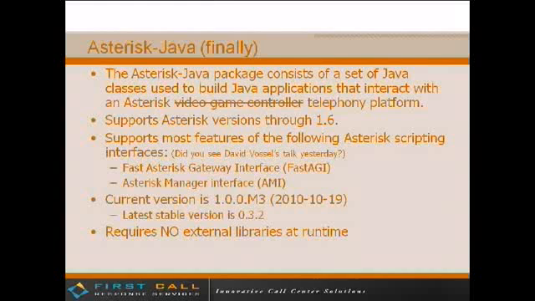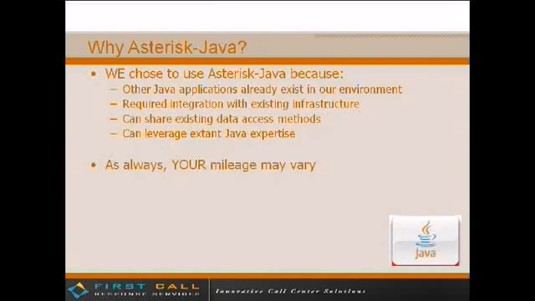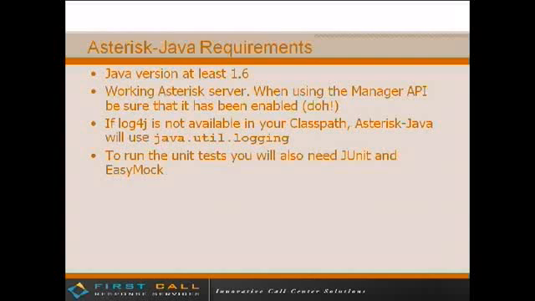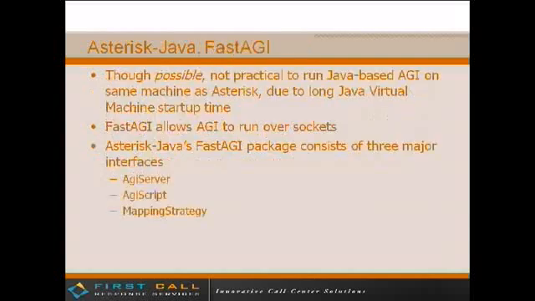And one of the cool things is it requires no other external libraries at runtime. If you want to have additional libraries to do unit testing and whatnot, then you can load those up too. Now, we chose Java, Asterisk-Java. You're going to say, well, why didn't you use Python, right?